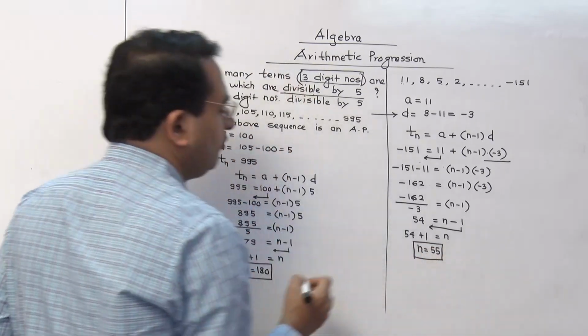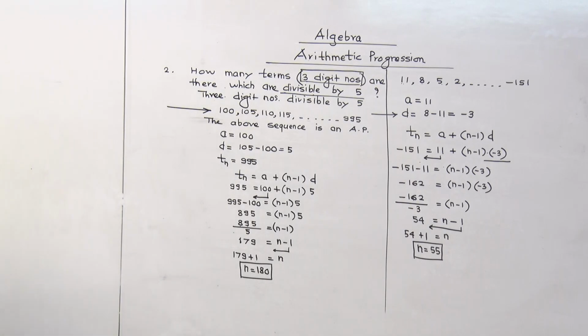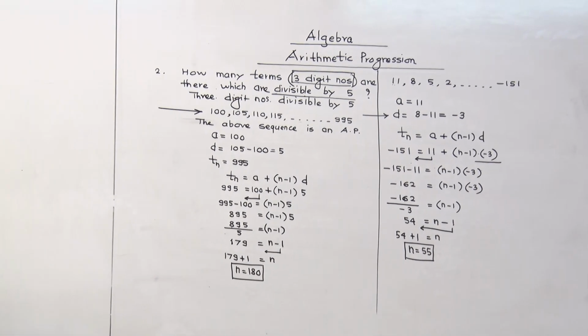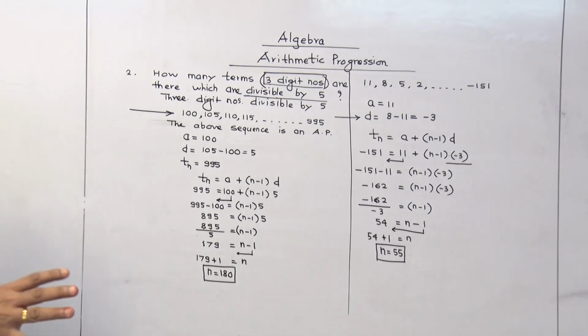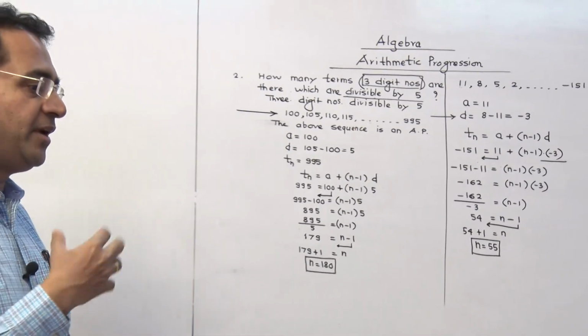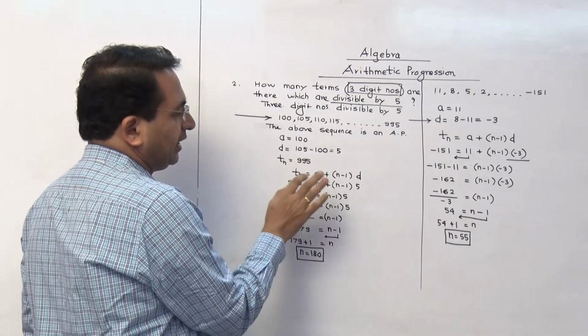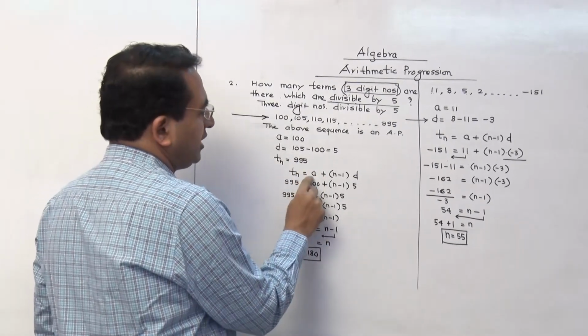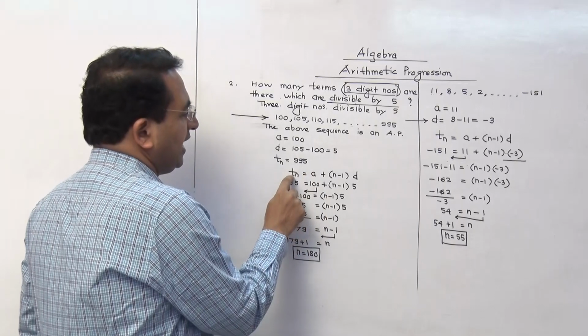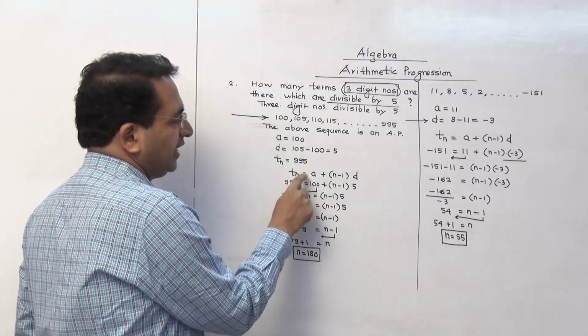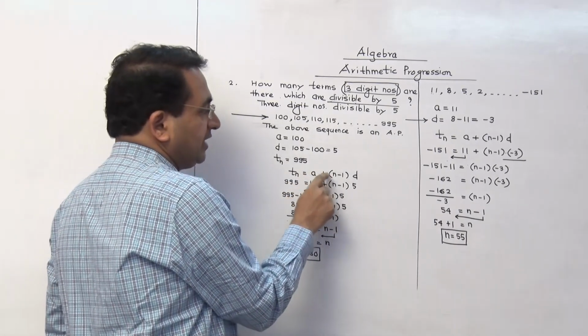This is the way in which you have to use the formula. I hope this is clear to you. Same formula we are using. Question may be asked in a different way, but stick to the formula. There are in fact 4 things available. The nth term, then A, then this n.